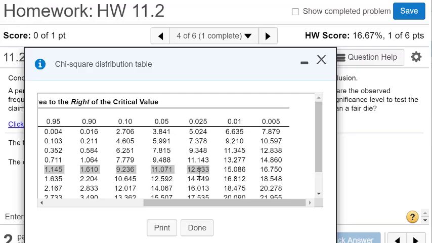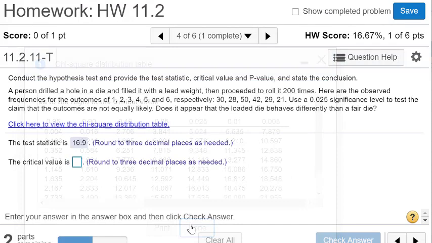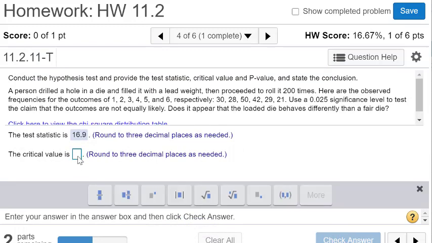So let's go back here. 12.833 is what they have. That's the same thing that we got. So I gave you two possible ways to do this. One is to use a table, and the other is to use the StatCrunch calculator for chi-square.